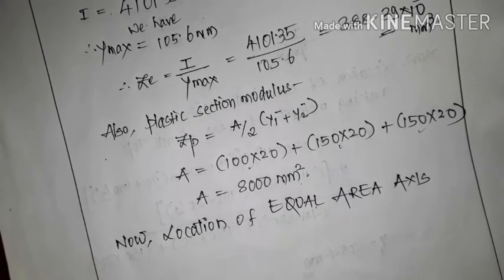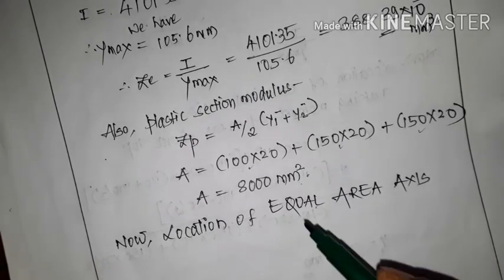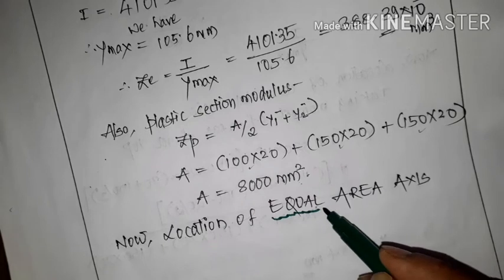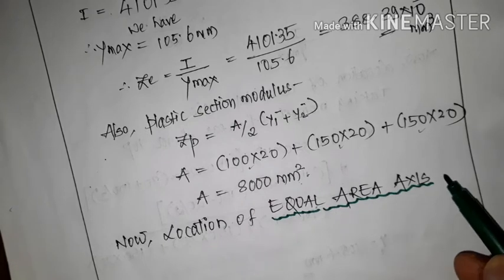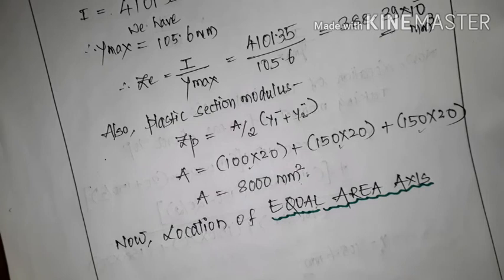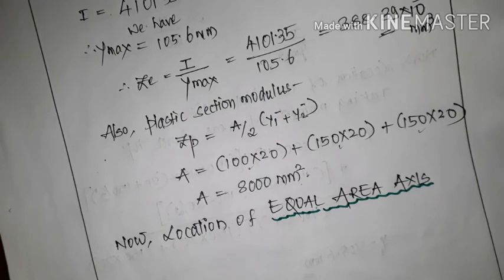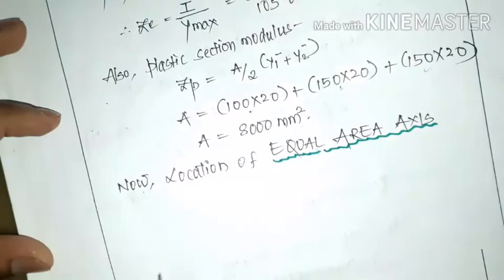For the elastic section modulus, we fixed the location of the neutral axis, and for the plastic section modulus we have to fix the location of the equal area axis, for calculation of Zp.